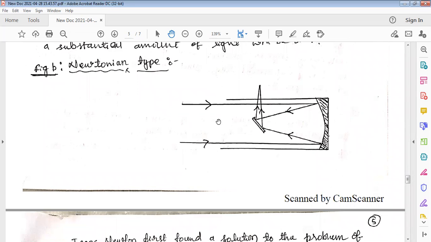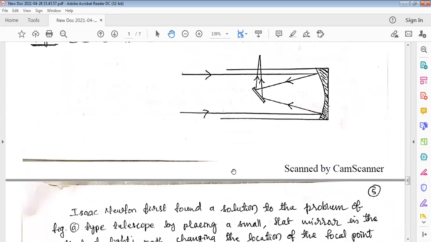What he did was put a plane mirror in the path of the rays reflected from the concave mirror, so that these rays are reflected further in this direction and converge at this position. That means by placing a mirror here, the focal point of this concave mirror is changed from this position to this position. So this is the Newtonian design.